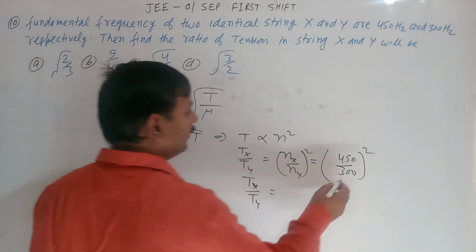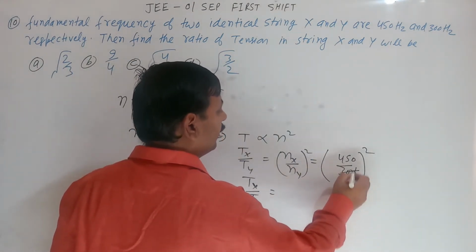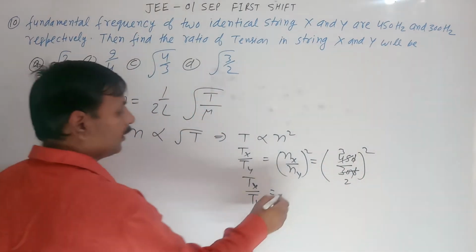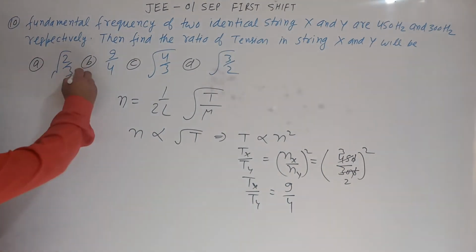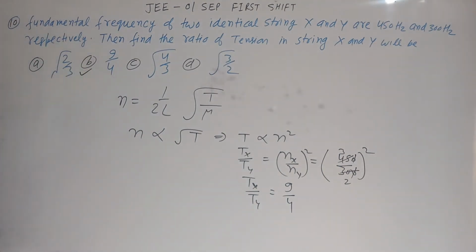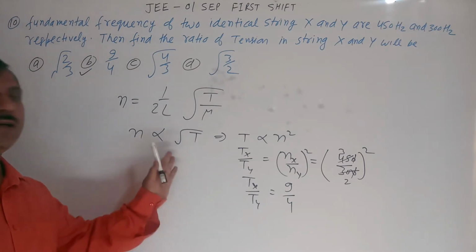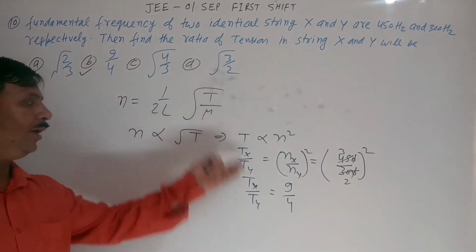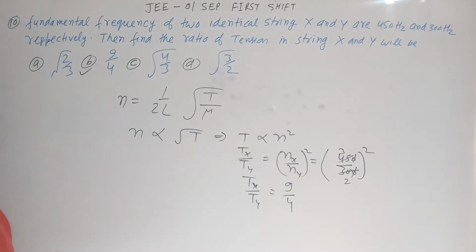So here we can see 15 2s are 30, 0 0 cancel. So 3 by 2 square, that is 9 by 4. Here option B will be the correct option. We know fundamental frequency is directly proportional to under root tension T. So T is directly proportional to N square. Simply we can find the ratio in tension.